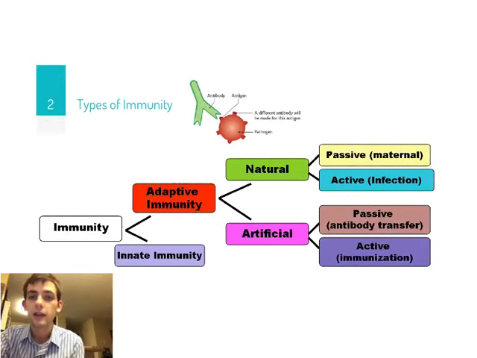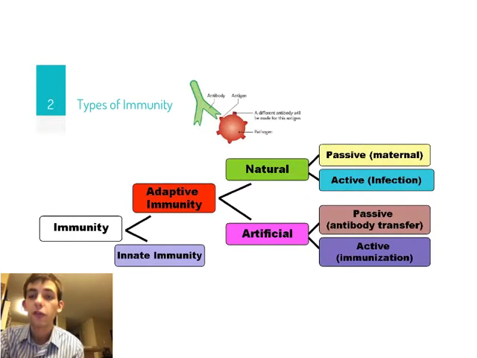In other words, it doesn't rely on a prior exposure to a pathogen. This is contrasted to adaptive immunity, which is a type of immunity that is acquired. And so this depends on prior exposure.